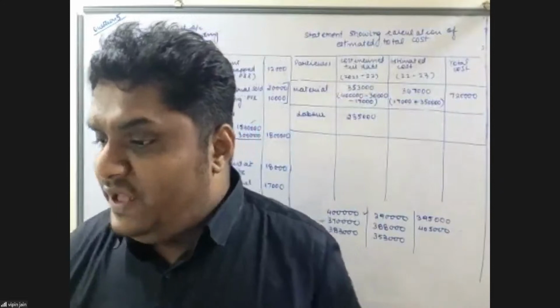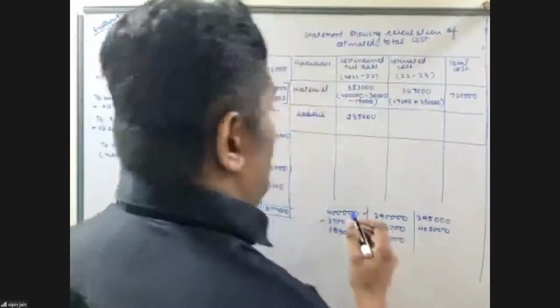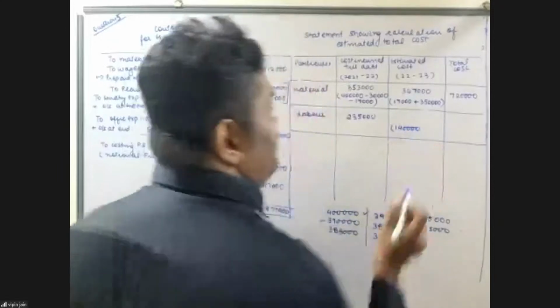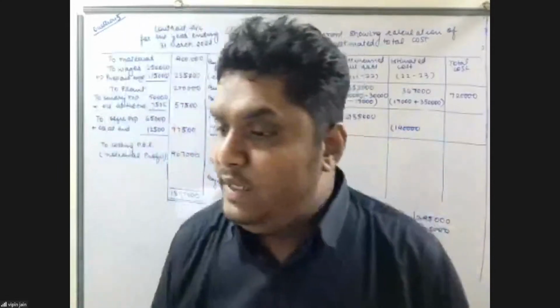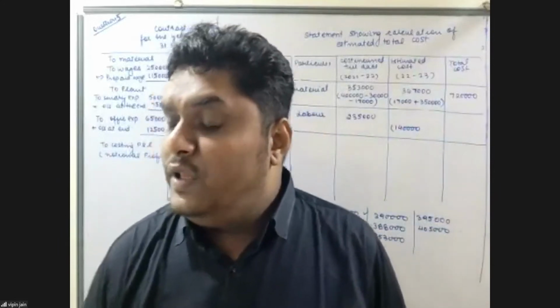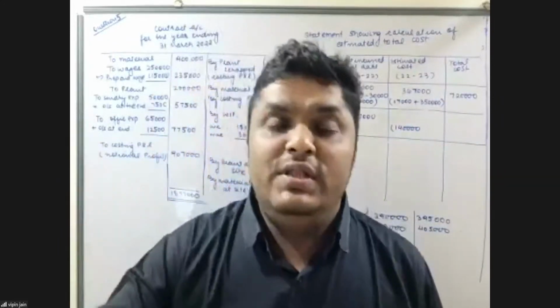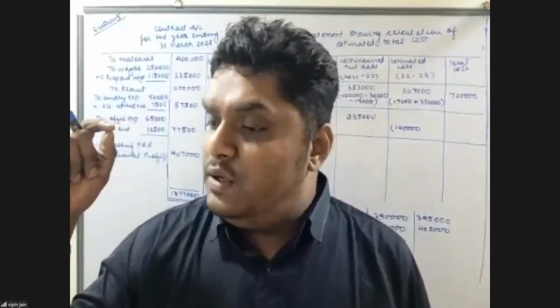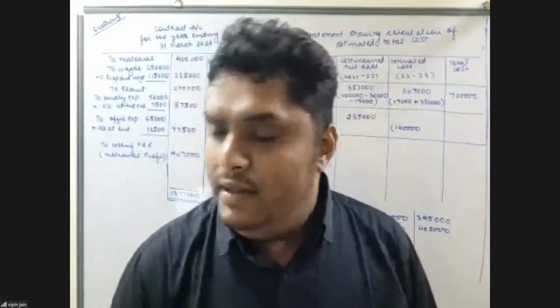So now let's start with the wages part. When talking about the wages, 1,40,000 is the estimated cost incurred. Here the prepaid at the end of the year is given for the year 21-22, so prepaid at the beginning of the year for 22-23 is 15,000. So this will be added.